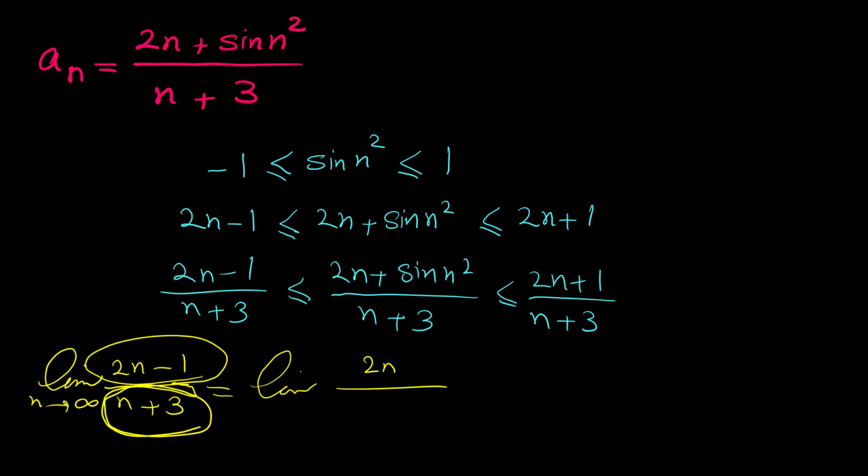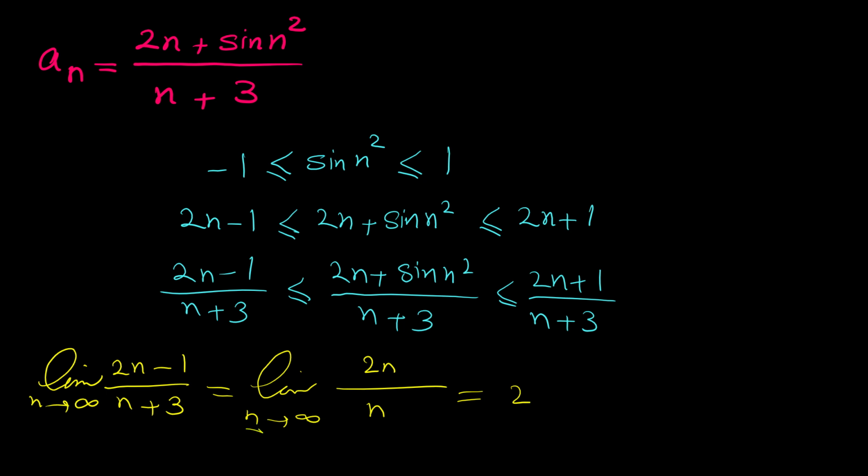And attention, when we have 2n, a term like minus 1 is nothing compared to this, so we can ignore it. What about the denominator? In the denominator, n is significant. 2n over n is 2. So this limit is 2. The limit of the left side is 2.